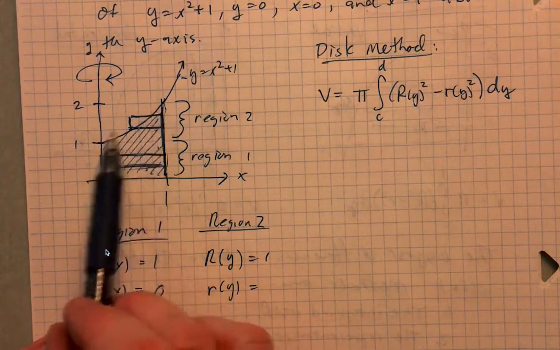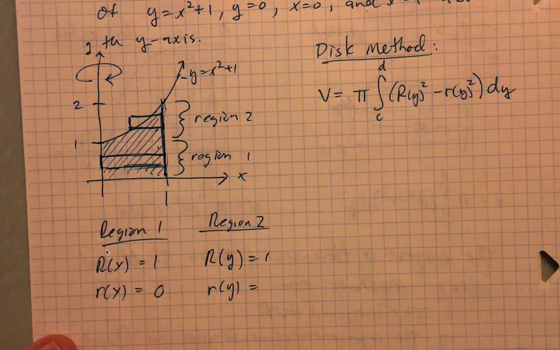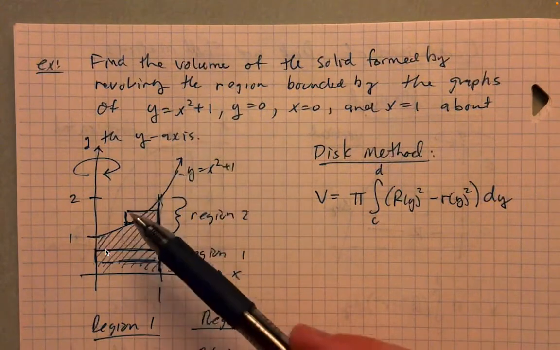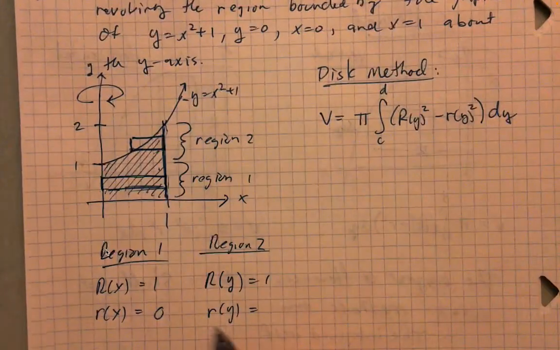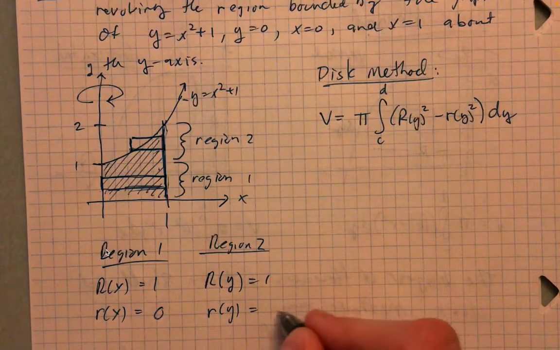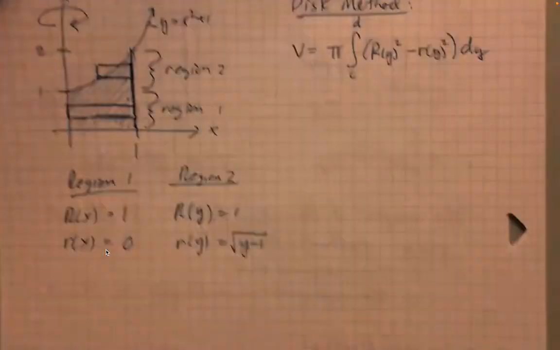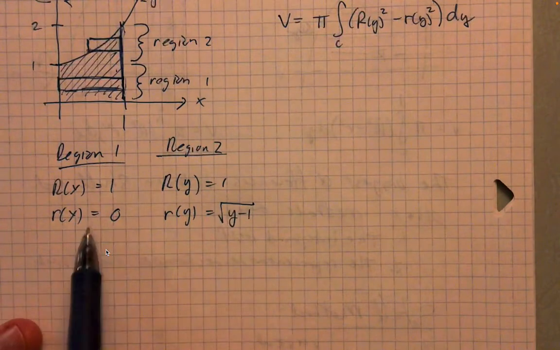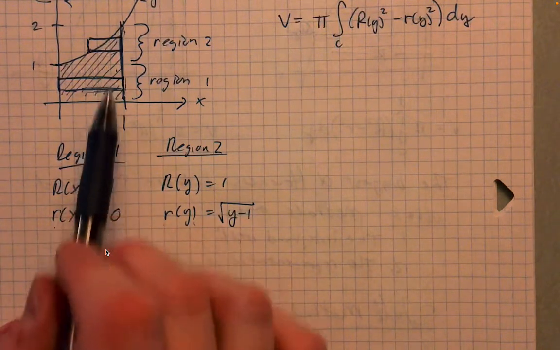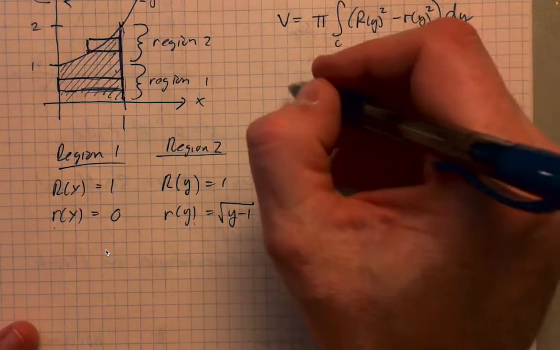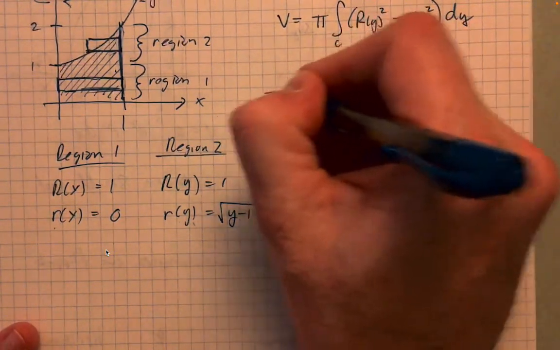It's this curve up here. We can do a little bit of work on this, making x a function of y, and when we do that algebra, we see that the function would be the square root of y minus 1. So you've got these two pieces, and because the inner radius varies depending on which region you're talking about, you're going to have two integrals.